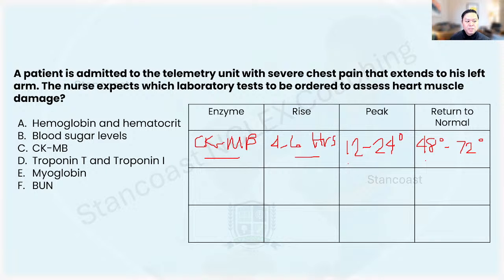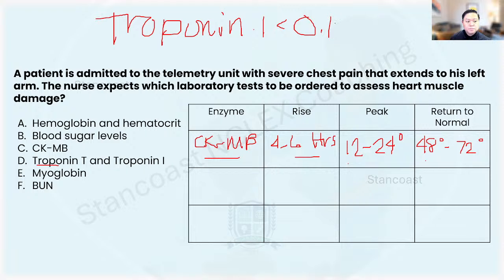Now, we're going to talk about the troponin T and I, another cardiac specific cardiac enzyme, of course. We'll take a look here into the value. Troponin I, the value should be less than 0.12, and the unit of measure is nanogram per ml.